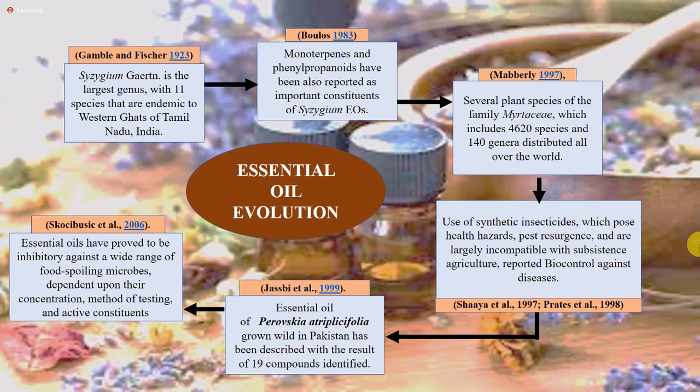This was the new era in which essential oils can be used as fungicides and biocontrol agents, opening the way for new researchers and students. Essential oils have been proved to inhibit a wide range of food spoilage microbes, depending upon the concentration, method of testing, and active constituent.